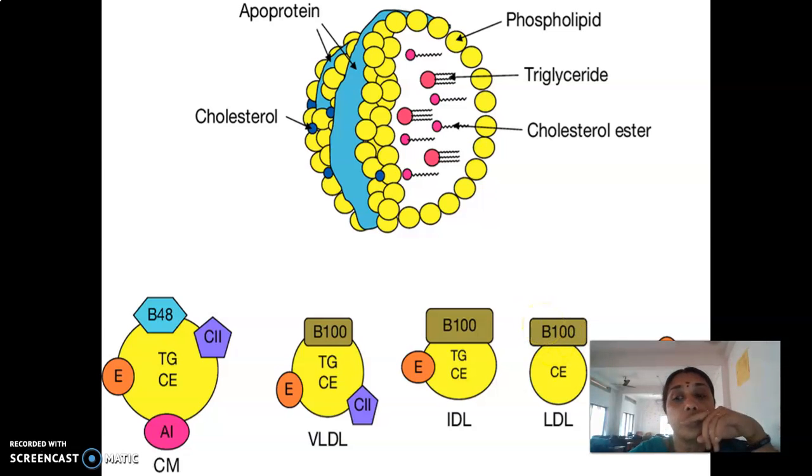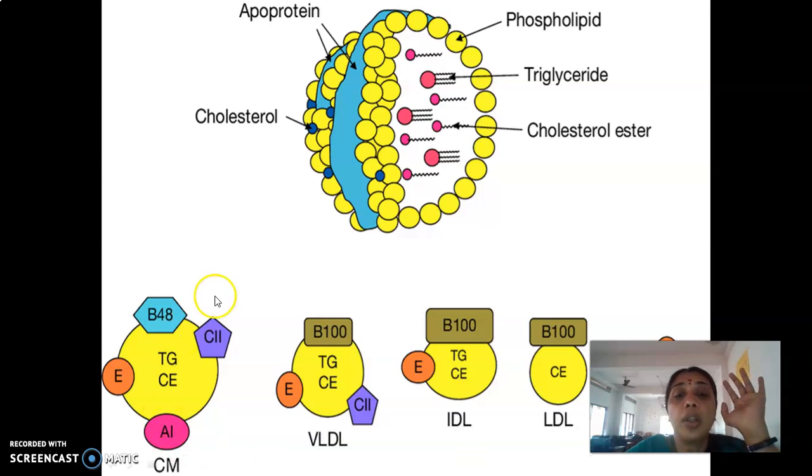Now next is the HDL molecule. Again, the TG is least transported by HDL, and cholesterol esters are also reduced, but it is transporting the cholesterol esters from the peripheral tissues to the liver, right? So these two, LDL and HDL, are transporting what?